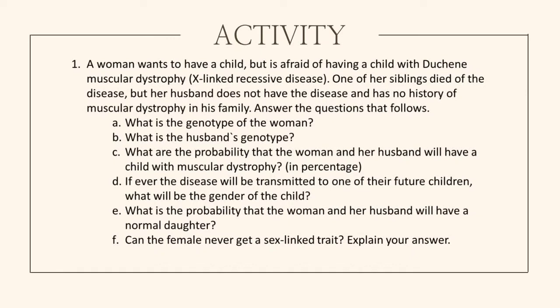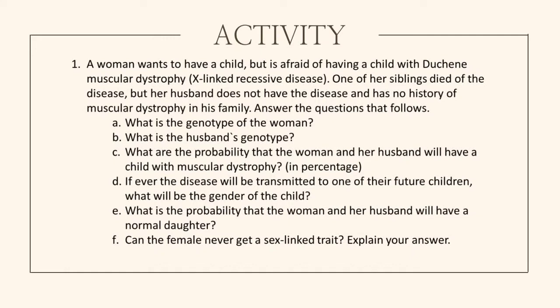So, in percentage, halimbawa, pwede nyong gamitin dito would be 0%, 25%, 75%, and 50% or 100% will be the probability of the woman and husband to have, or the mother and the father in having affected child or a child with muscular dystrophy.